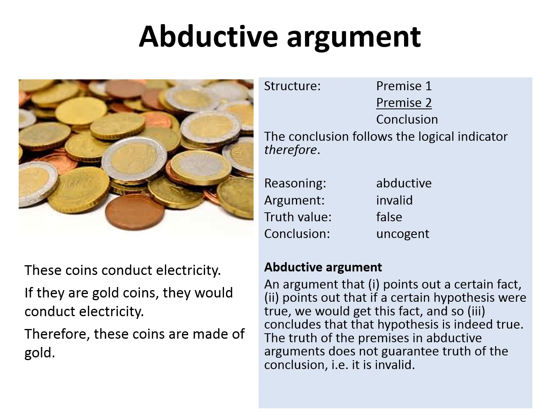When we look at it, the reasoning here is abductive reasoning. The argument is invalid because it's not a deductive argument. It's not possible for it to be valid. The truth value in this case is false because actually I can recognize some of these coins and they're not gold. And the conclusion is uncogent because the evidence is weak for the conclusion itself.